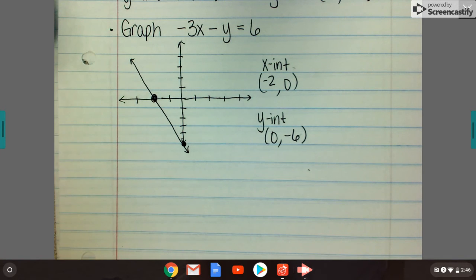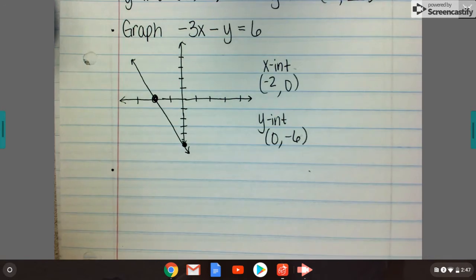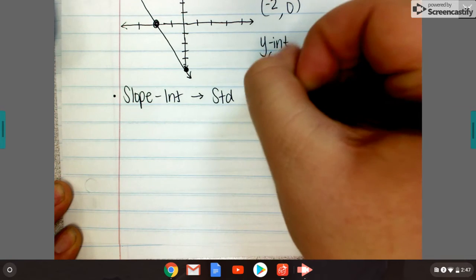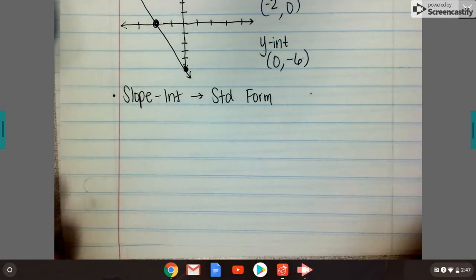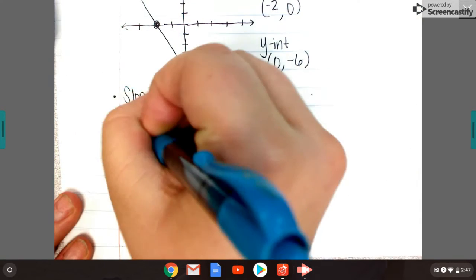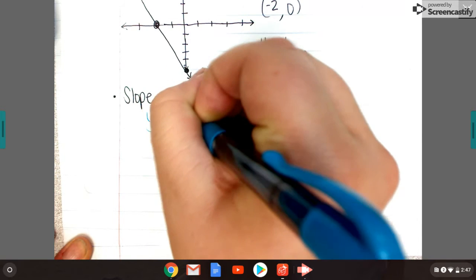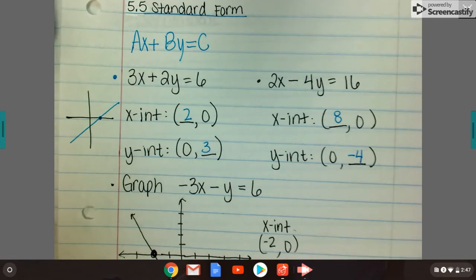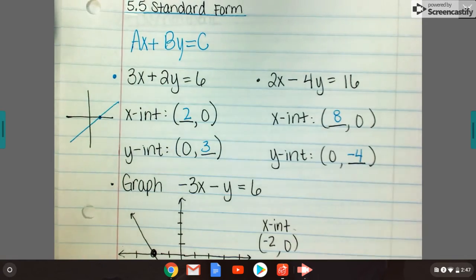Let's do two more where we switch around formats. Let's say we started in slope-intercept form and wanted to move to standard form. If I had y equals 3x minus 4 and I would like to get it into standard form, standard form has the x's and the y's on the same side.